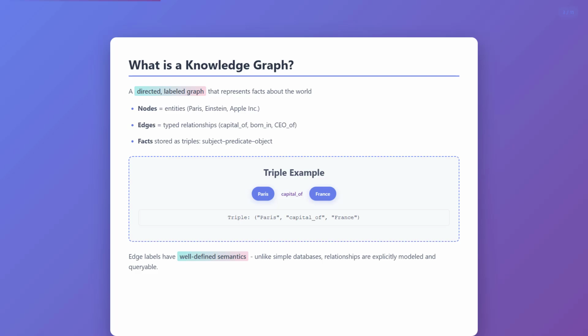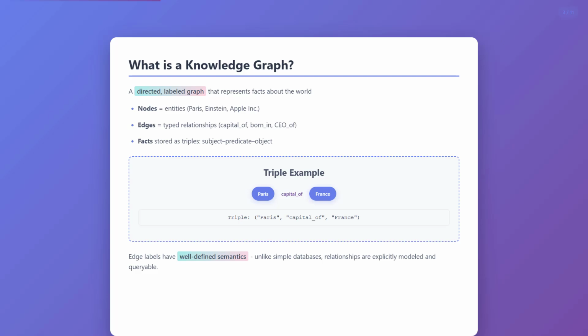Unlike traditional databases where you might have separate tables for cities and countries, here the relationship is explicitly modeled and queryable. You can ask questions like, what are all the capital cities? Or, which cities are in France? And the graph structure makes these queries natural and efficient.